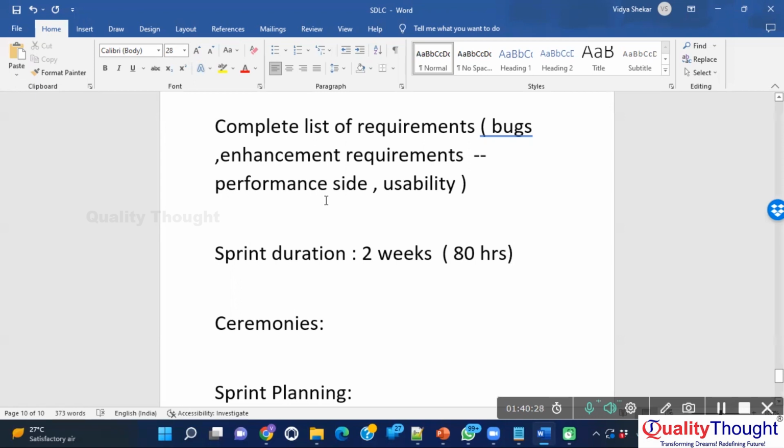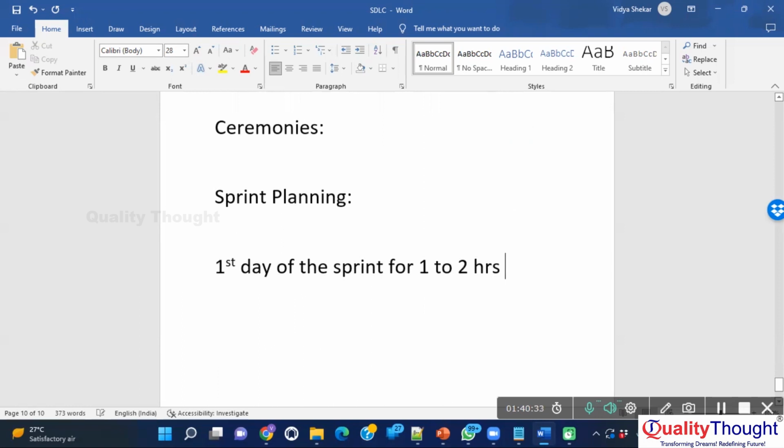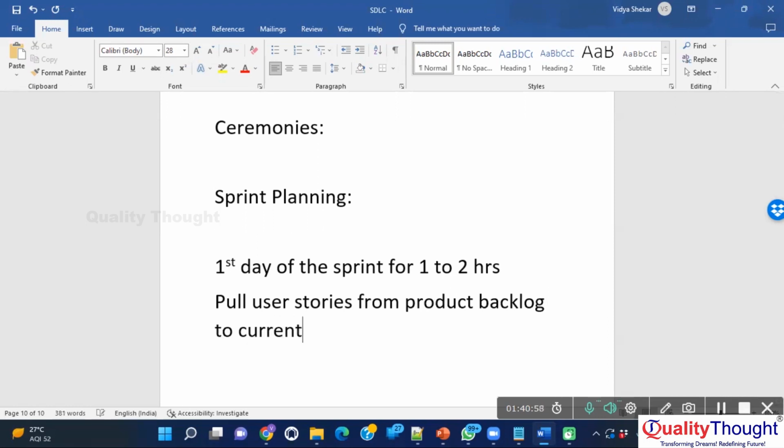What they are going to discuss is they are going to prioritize the product backlog and pull the requirements, the user stories, from the product backlog to the current sprint, and provide estimates.